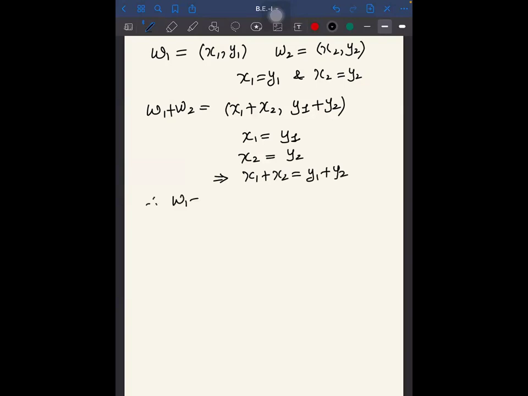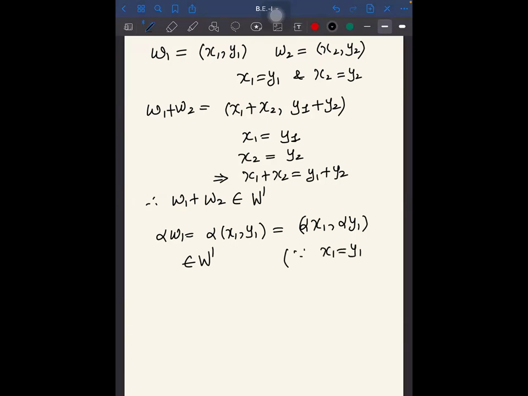Therefore W1 plus W2 has the same property, so it will fall in W dash. And if you take alpha W1, that means alpha X1, alpha Y1, that will also belong to W dash, because if X1 and Y1 are same, alpha X1 and alpha Y1 are also same. So W dash is a subspace of R2, right?